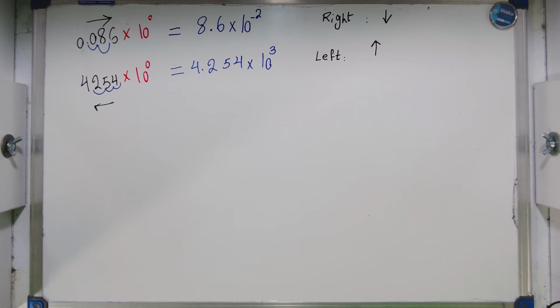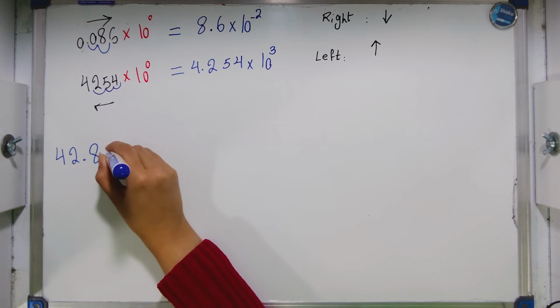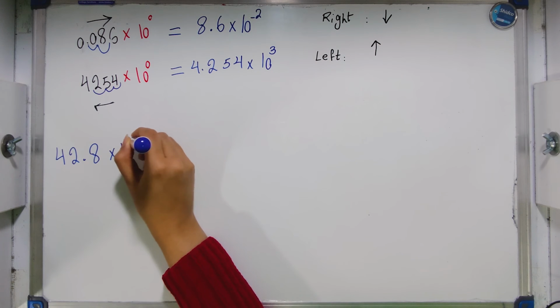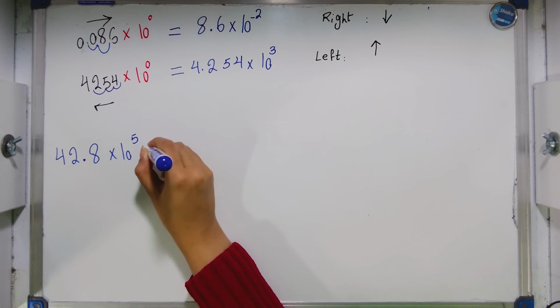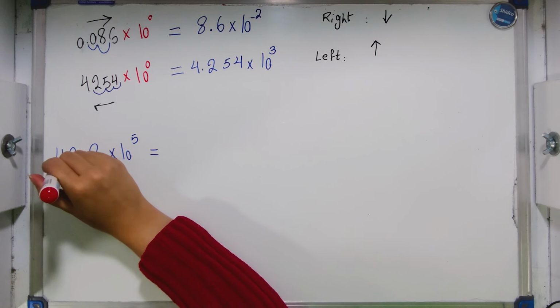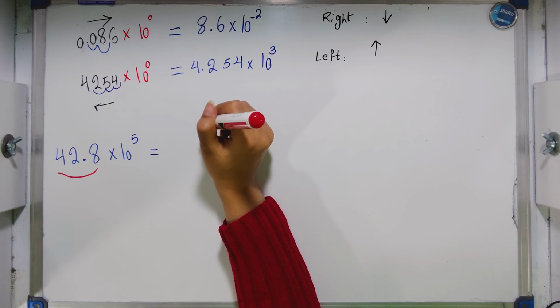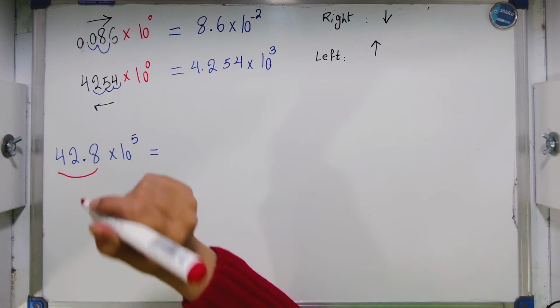Look at this example. 42.8 times 10 power 5. As you know, if I want to make a scientific notation from this number, I have to move the decimal toward the left.